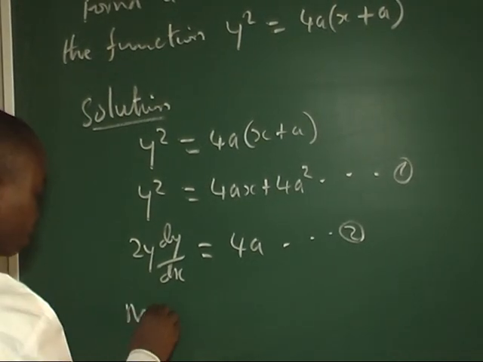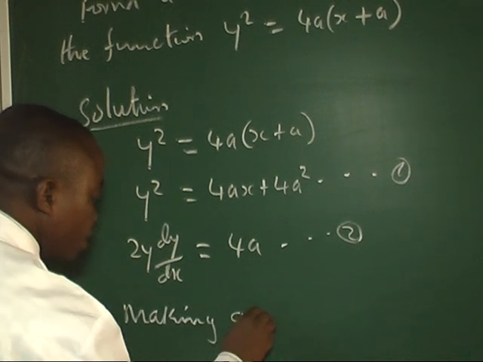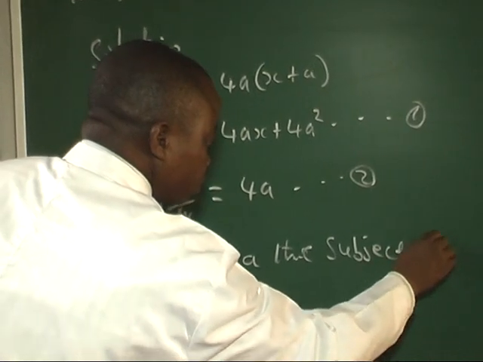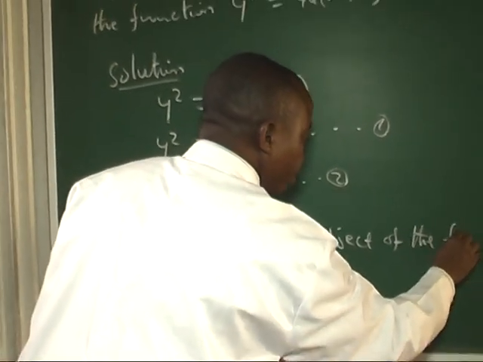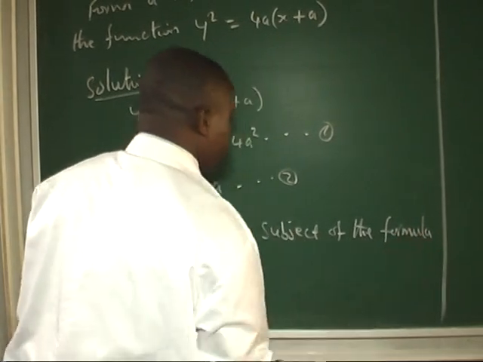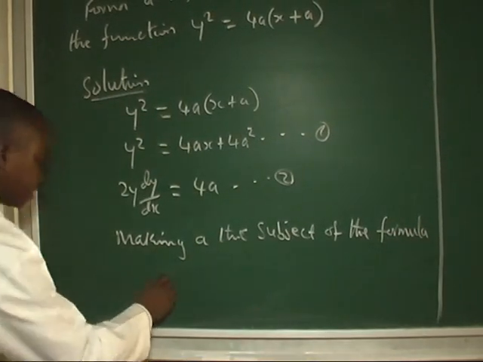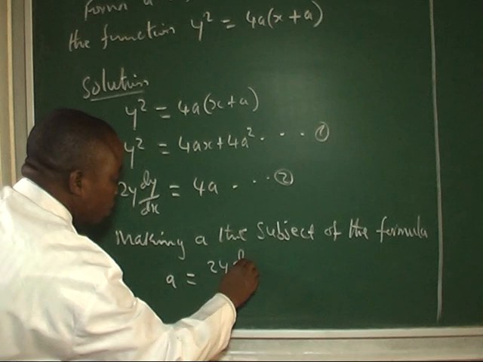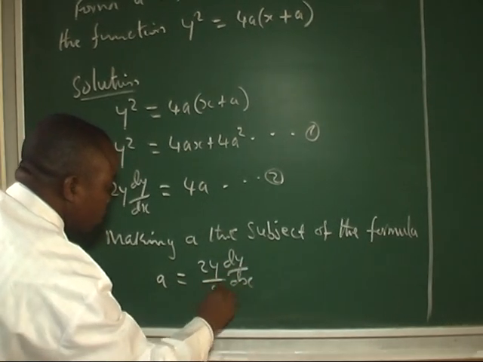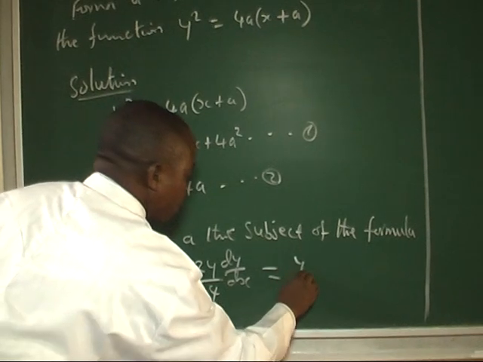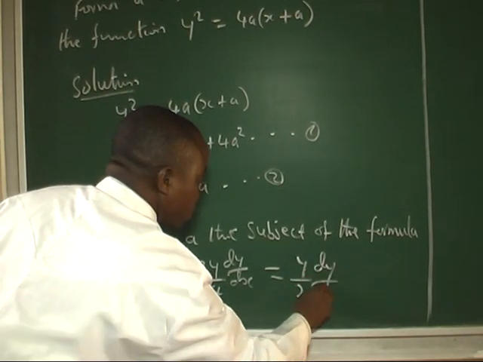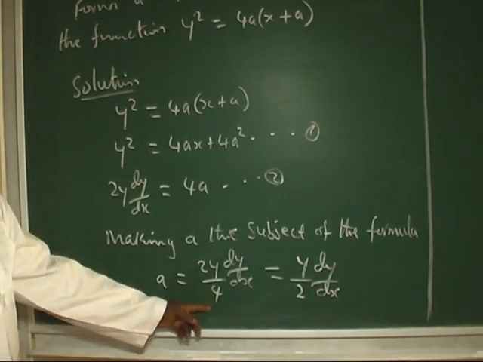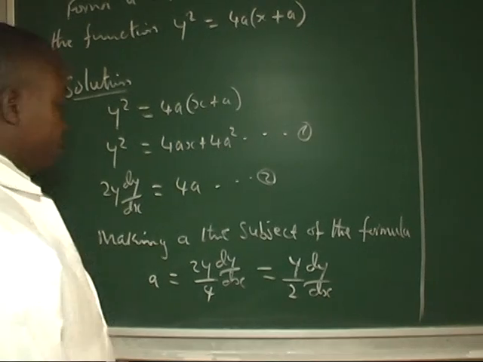Now making a the subject of the formula, we have that a is equal to y dy/dx all over 4, which is y over 2 divided by dx. So this cancels this. We have that.